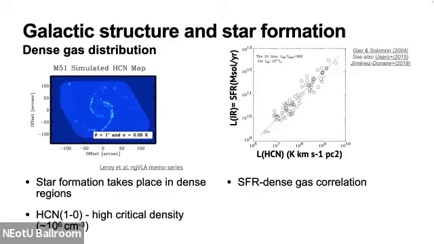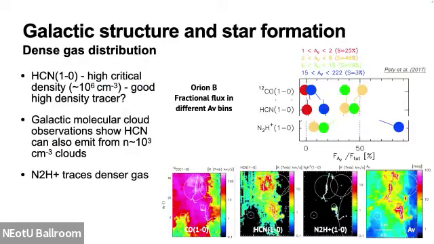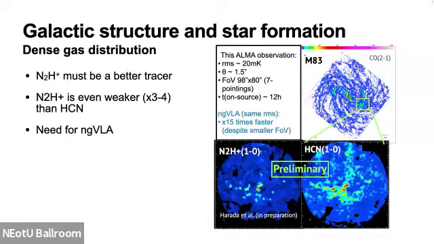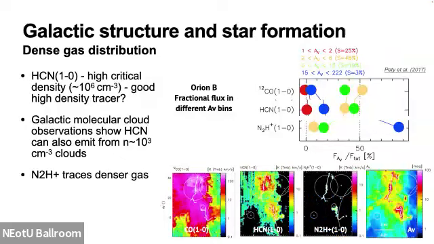But there's this relatively recent study that says that in galactic molecular clouds, HCN is quite extended. If you look at the chart here in the upper top right, red is the most diffuse and blue is the most dense.